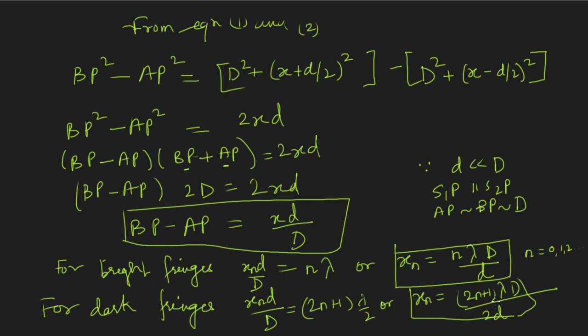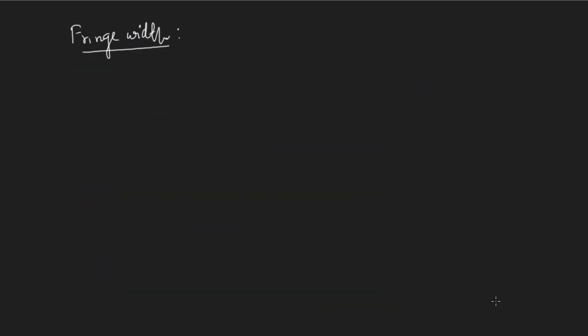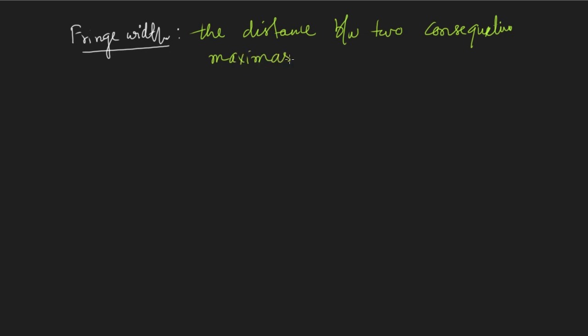Now, one most important thing left to calculate is the fringe width. What is fringe width? The distance between two consecutive maximas or minimas.